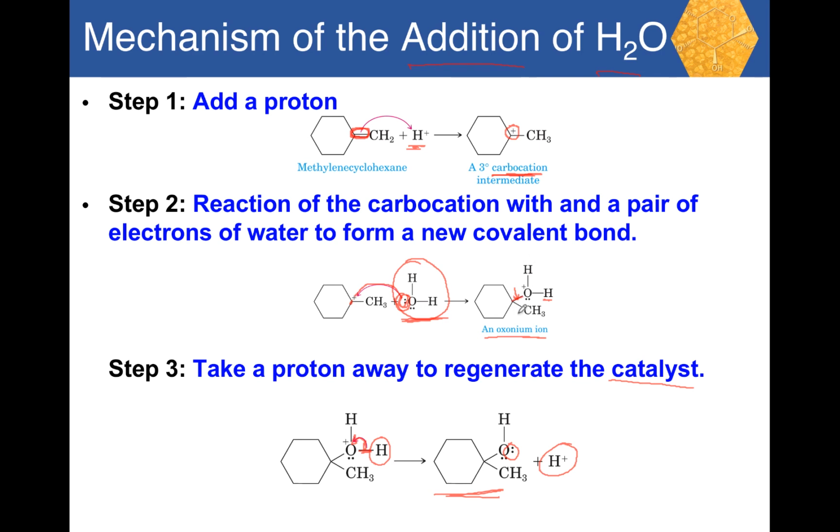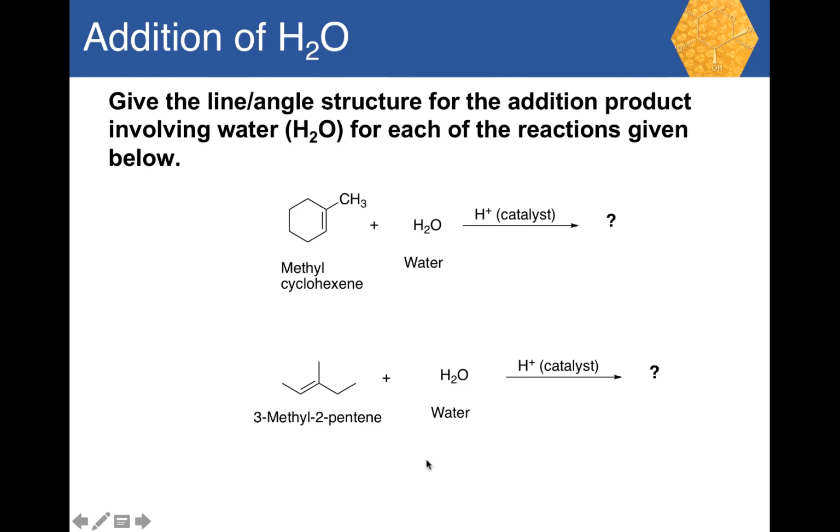This is another intermediate because oxygen here takes two bonds, so we'll have to get rid of one, and we get rid of one by moving the electrons here onto the oxygen. Here it is, and here's our catalyst. So that is the mechanism for the addition of water to an alkene.